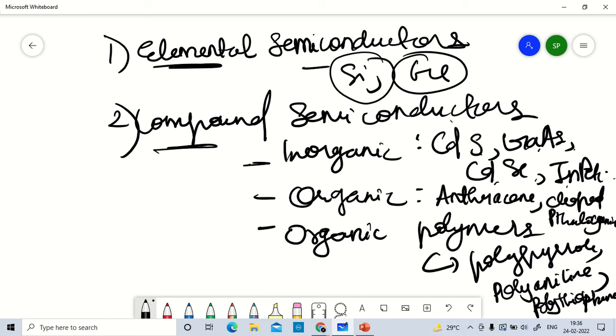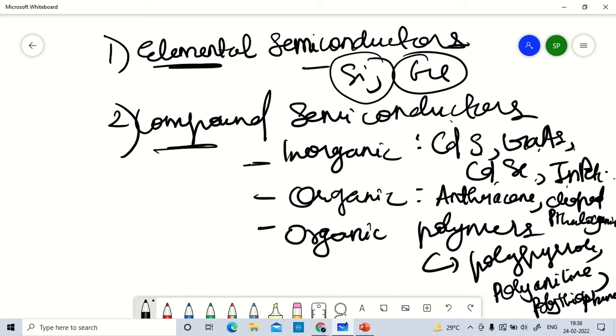So let's go through again. Elemental semiconductors: silicon, germanium. Compound semiconductors, inorganic: cadmium sulfide, gallium arsenide, cadmium selenide, and indium phosphide. Organic: anthracene and doped phthalocyanine.